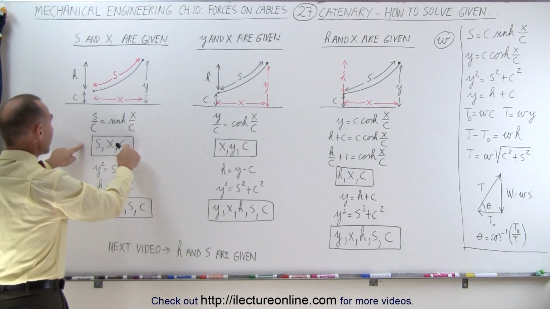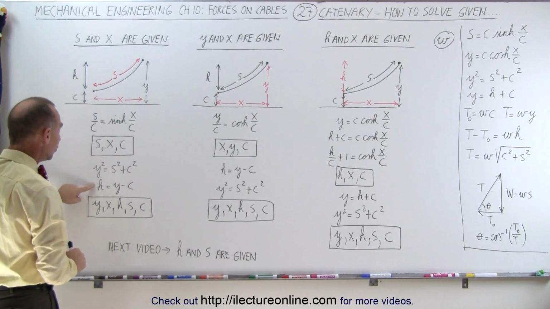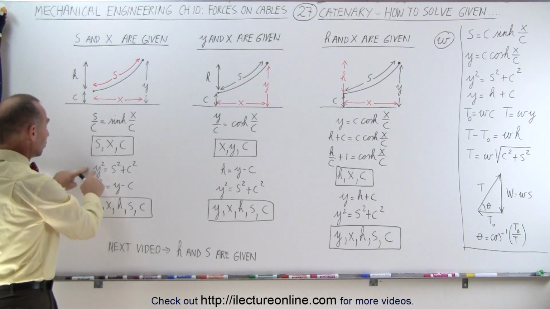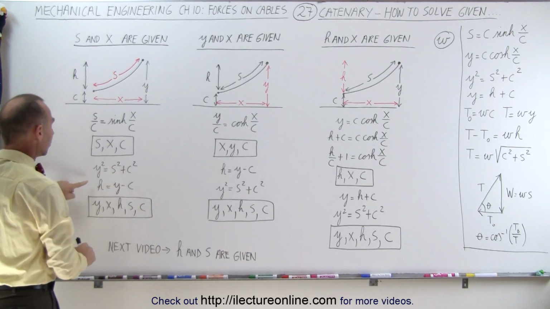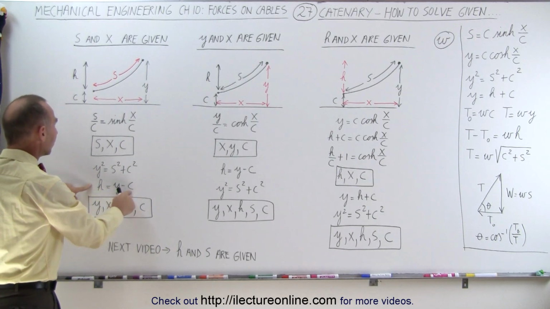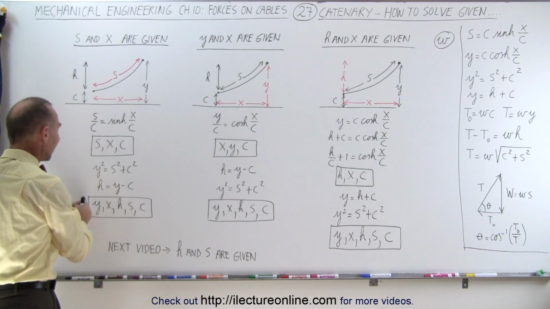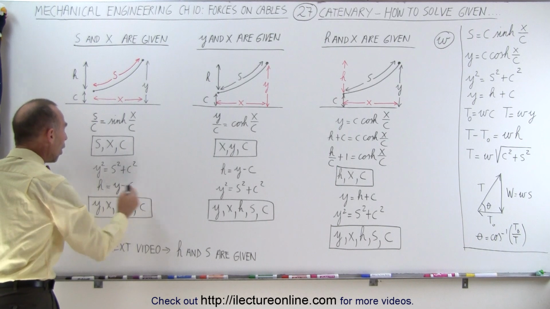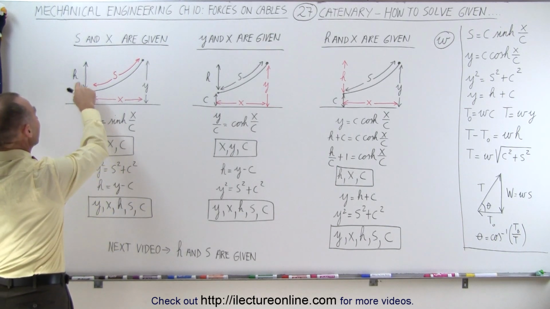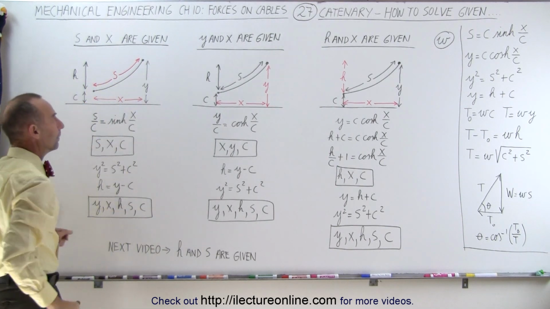Once you determine c, now we can use these 2 equations right here, the relationship between y, s, and c, and the relationship between h, y, and c, h being the sag. That then allows you to find the other 2 variables, and now you know all 5: c, h, s, x, and y.